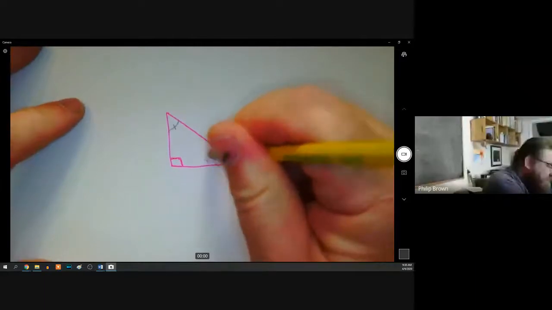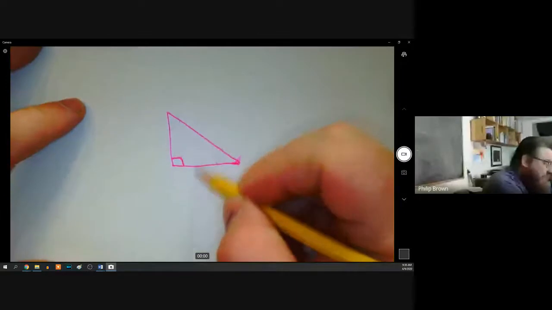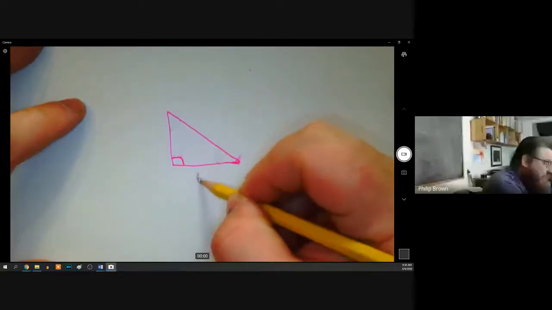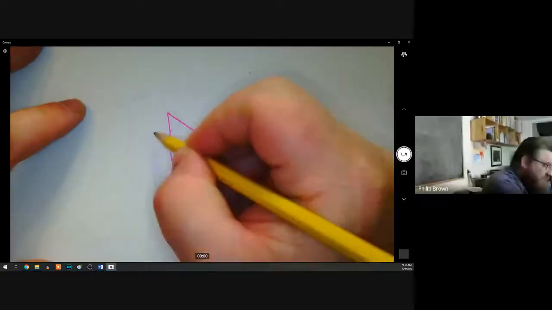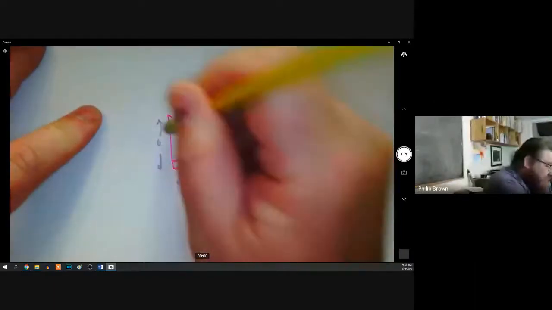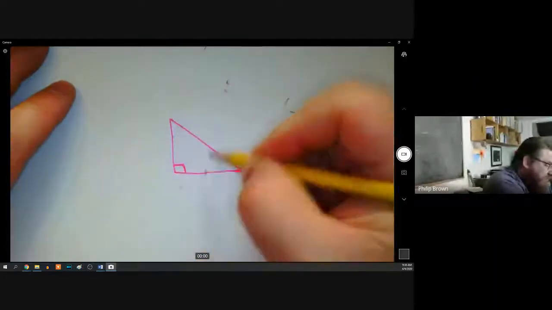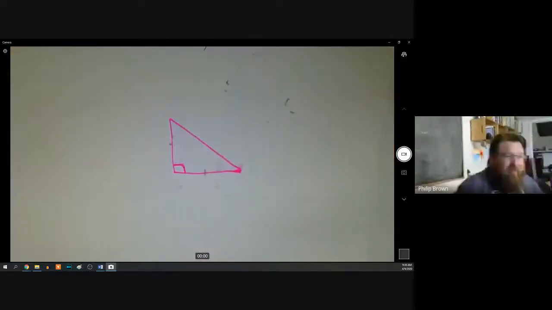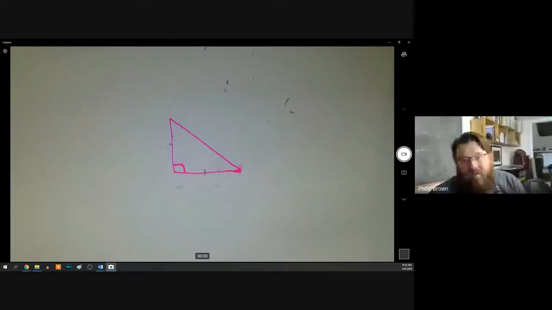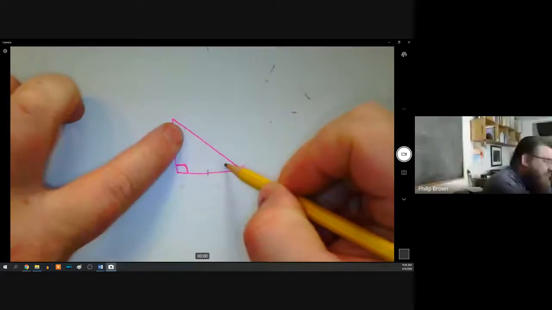But there's another way to know that it's isosceles also, and that's if you know these two sides are the same. So maybe they'll tell you that both sides are like 6. Or maybe instead, they'll just mark both sides with a little line like that. That also tells you that those are equal. And if these two sides are equal, then these two angles are equal.